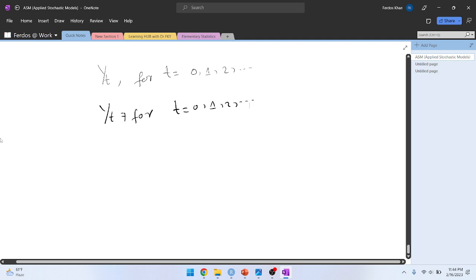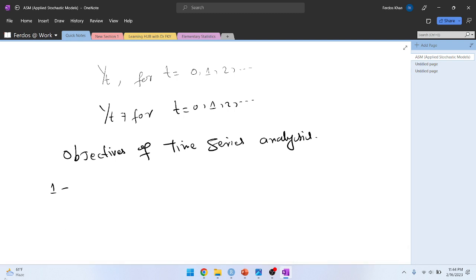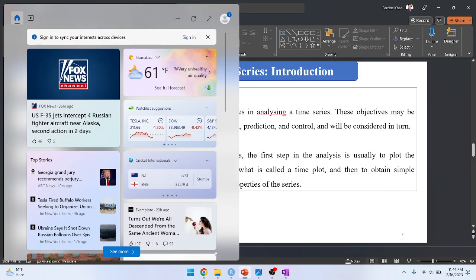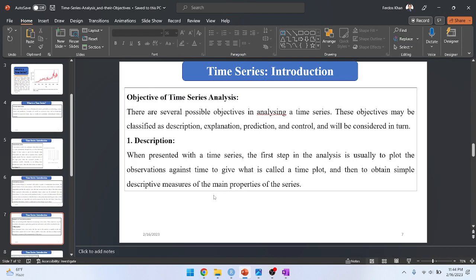Now, the objectives of time series analysis. The first objective is description.